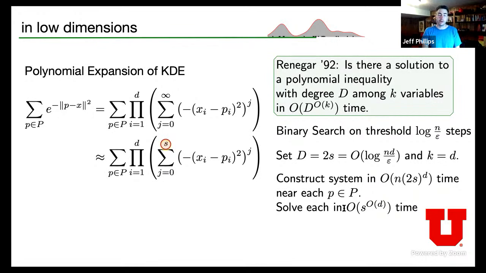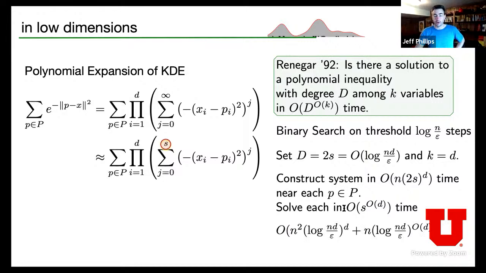So I need to construct, for each of the points, in some region not too big around those points, this system of inequalities, and it takes O of n time to construct each system near each of the points, and I can then solve this in s to the O of d time around each of the points.